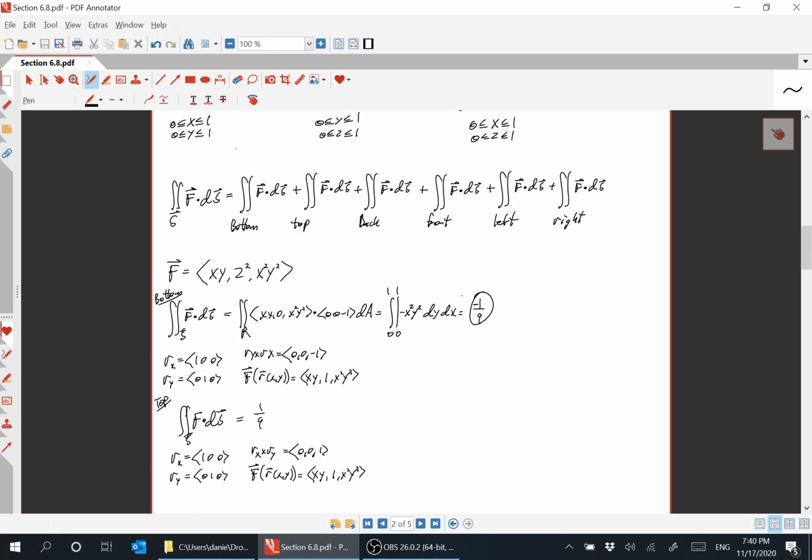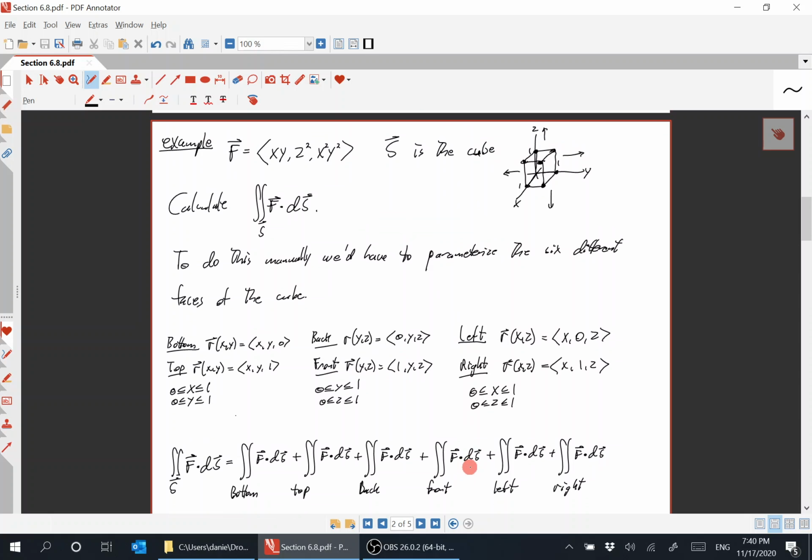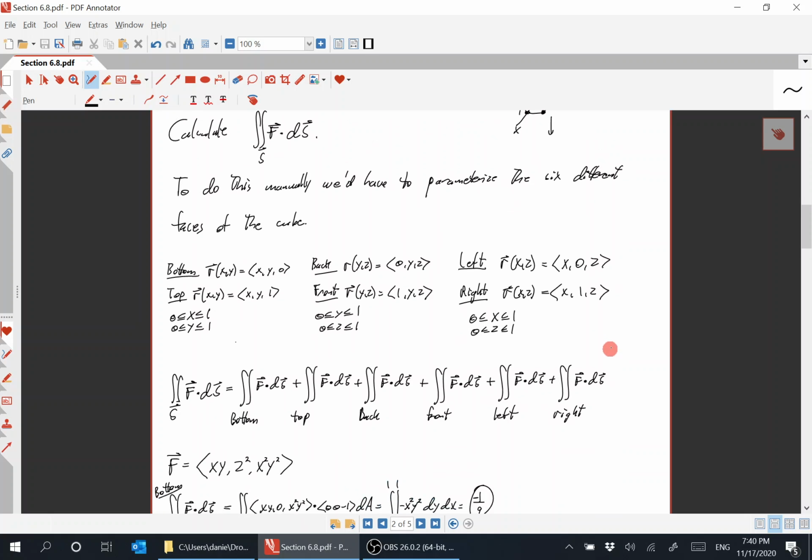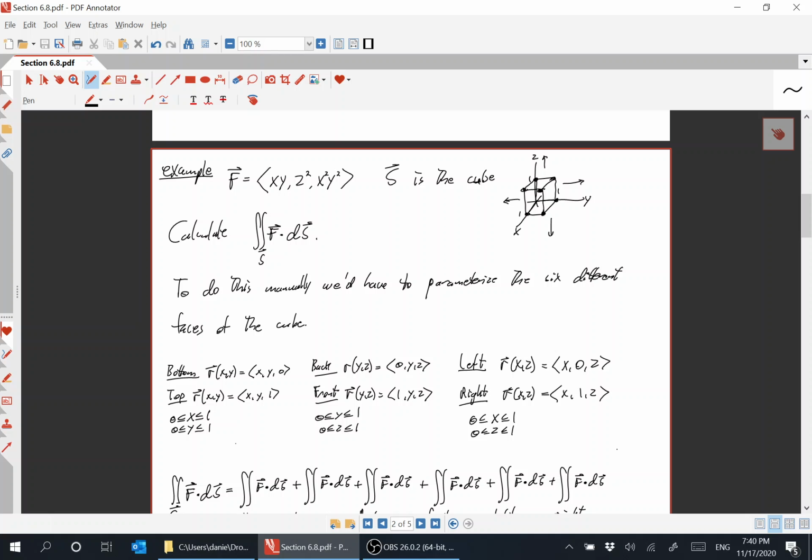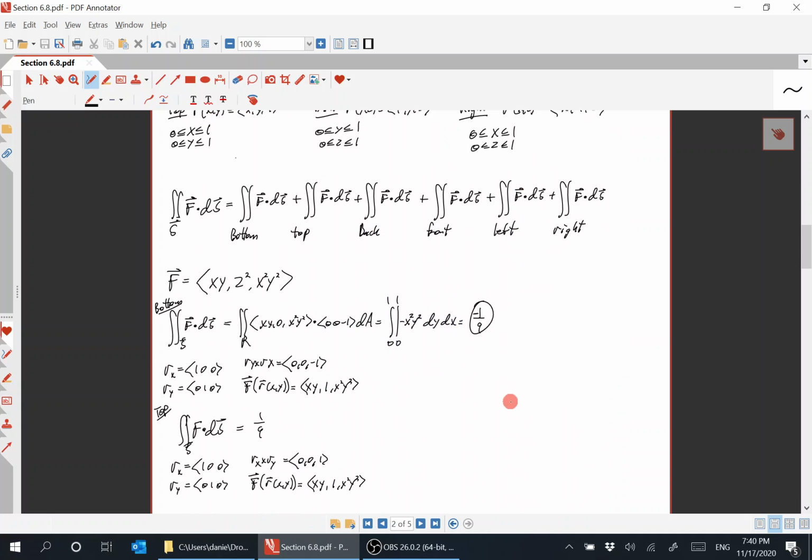Okay? So for the bottom face, we take the derivatives: Rx is (1, 0, 0), Ry is (0, 1, 0). And then Ry cross Rx is (0, 0, -1) for the downward orientation, using the right-hand rule, rather than Rx cross Ry for the upward orientation.